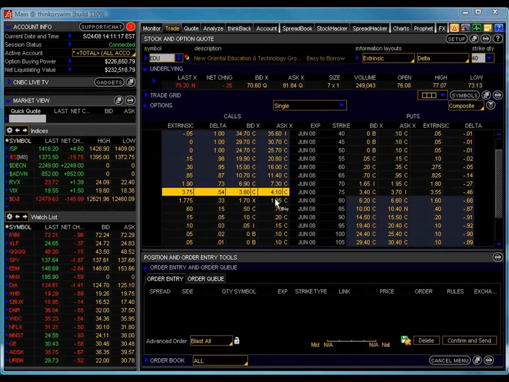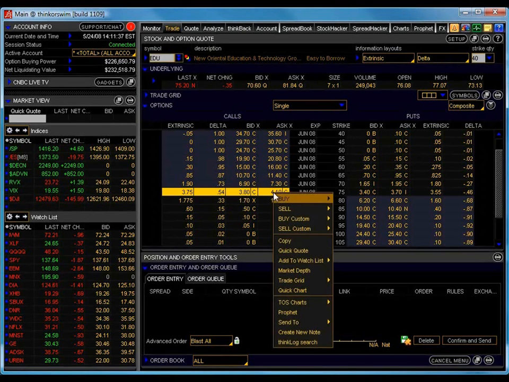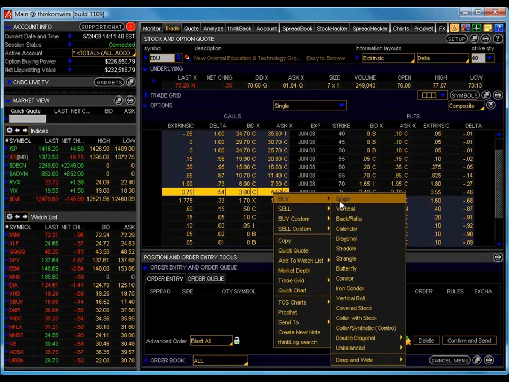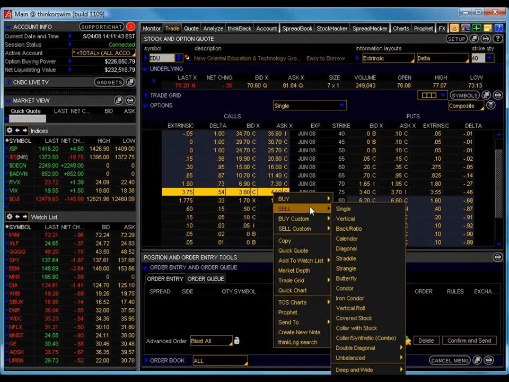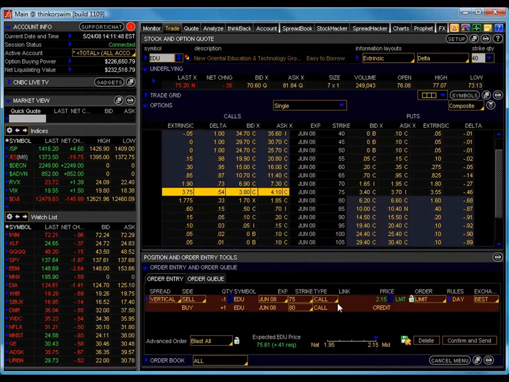The only difference is, instead of buying one at a lower strike price if we're doing calls and selling one at a higher strike price, we reverse the process and we sell the one at the lower strike price and buy the one at the higher strike price. So instead of going to buy vertical, as we would on a normal vertical spread, we actually go to sell vertical. And in this case, what happens is we receive a credit of $2.15.